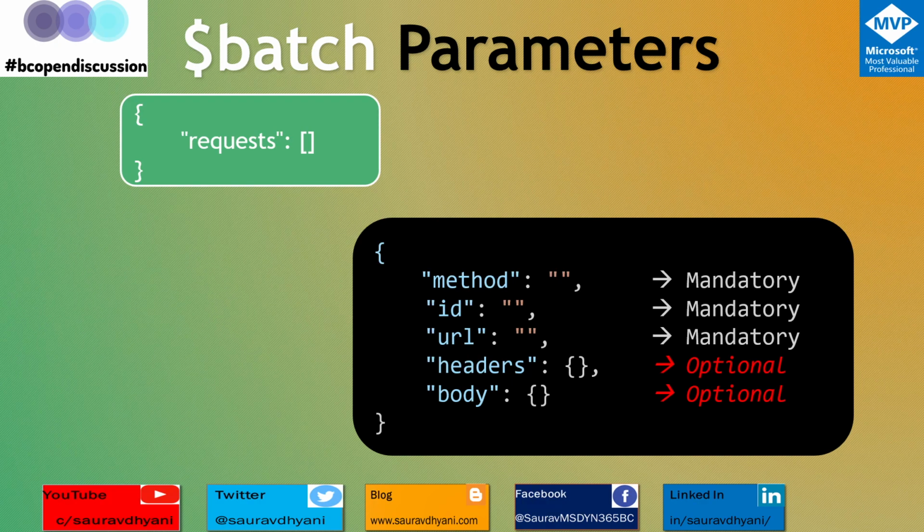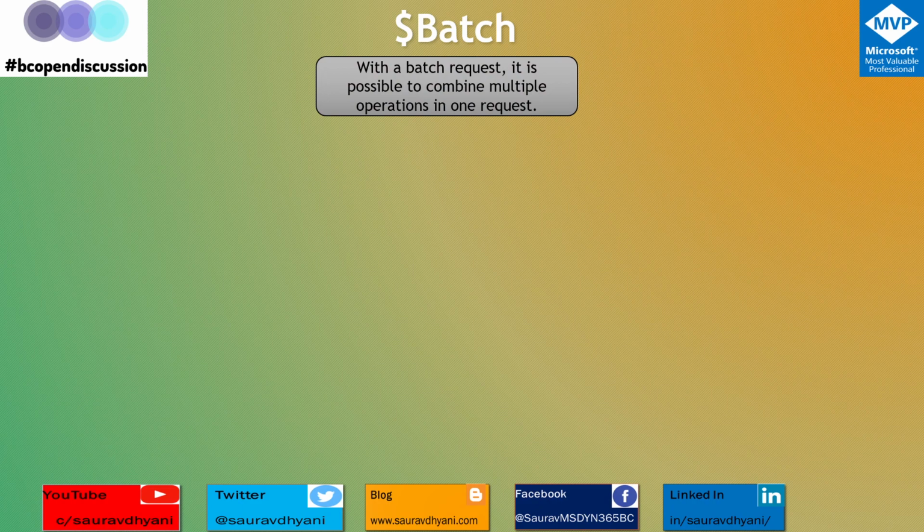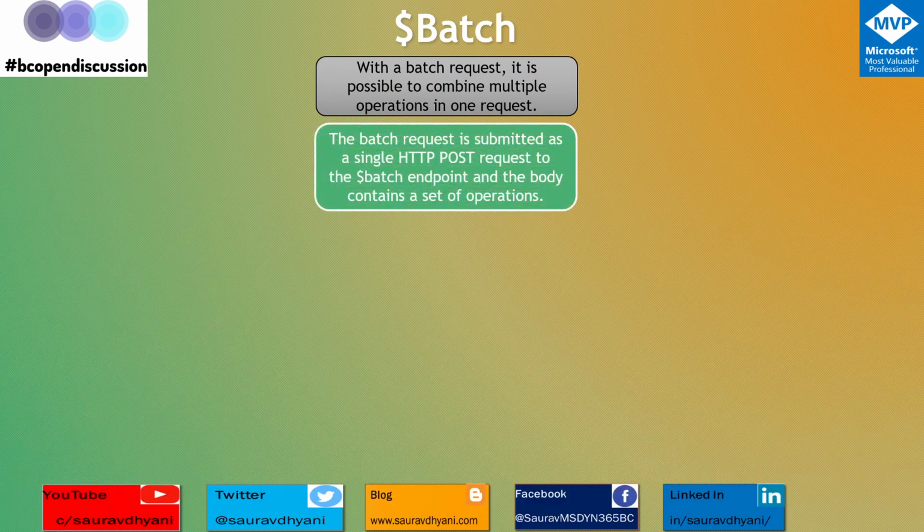Now what we are going to do, as we do all the time, is understand in the summary what we learned today. Okay, let's quickly cover what we have learned. The first thing, with the batch request, it is possible to combine multiple operations at the same time. The batch request is submitted as a single HTTP POST request to the $batch endpoint of the API that you're calling to do a certain set of operations.